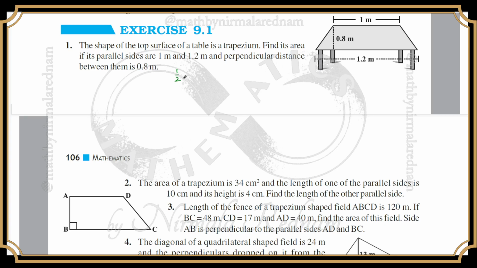Here I have half, height is 0.8, a plus b is 1 plus 1.2, which is 2.2. So when I simplify this, meter square, right? This is nothing but 1.1. So I have 0.88 meters square. So that is the answer, right?